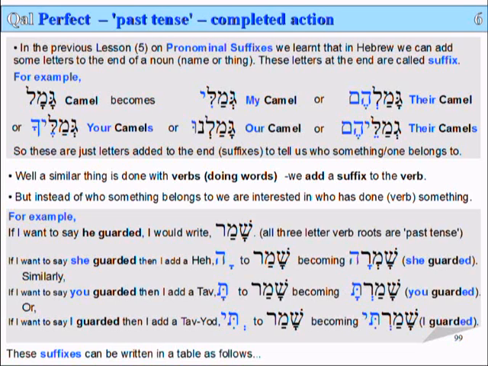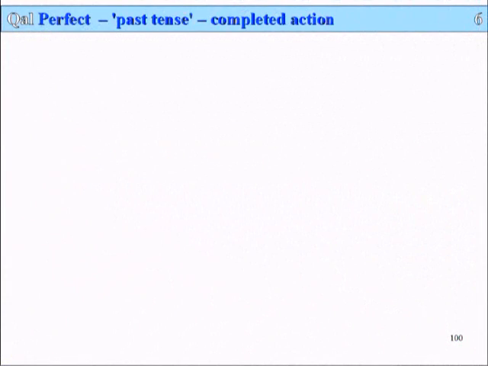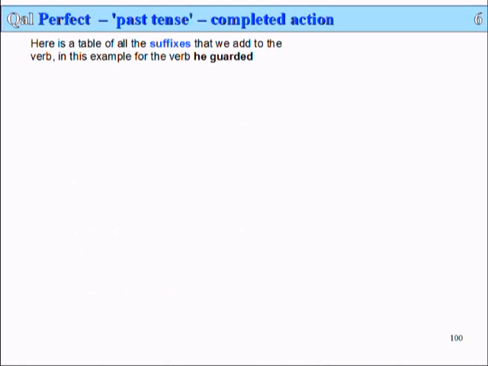These suffixes can be written in a table as follows. Slide 100, Lesson 6, Qal Perfect Past Tense Completed Action. Here is a table of all the suffixes that we add to the verb.